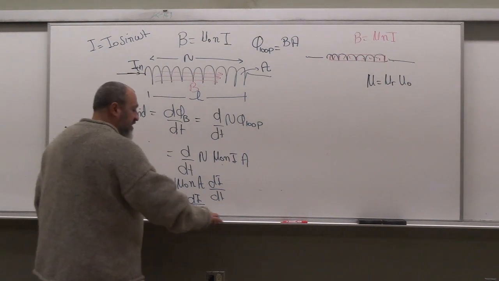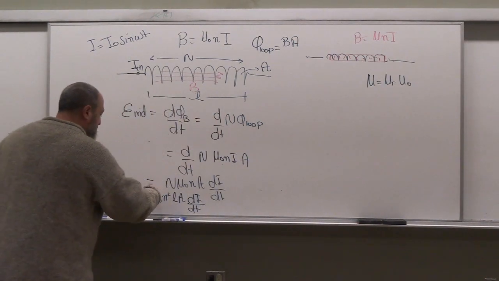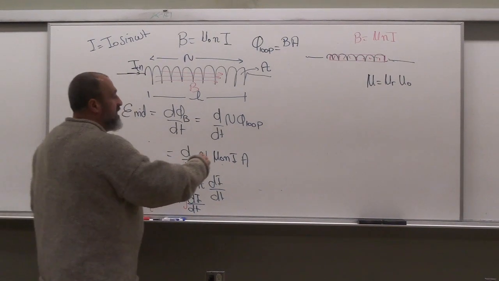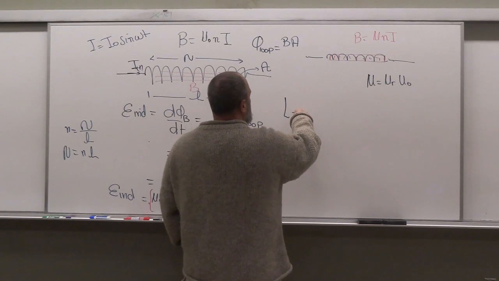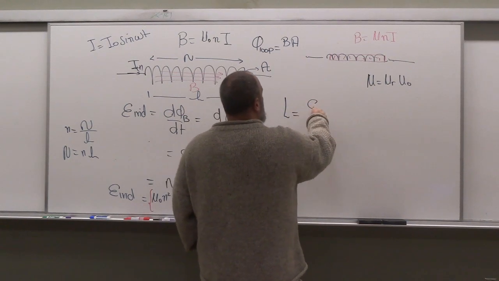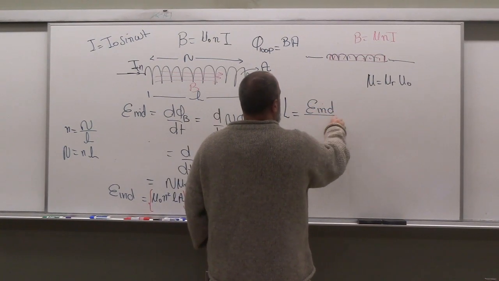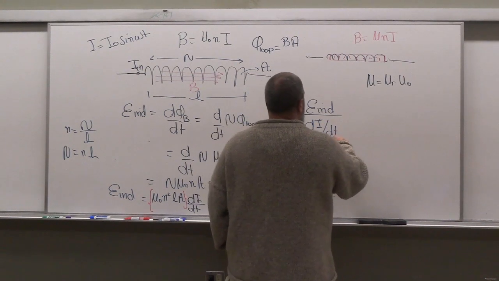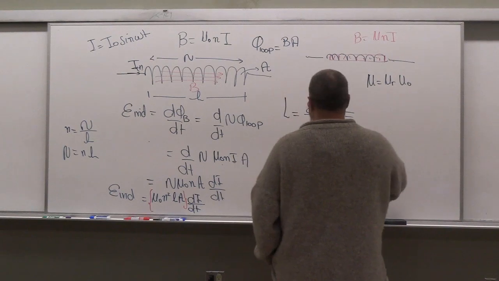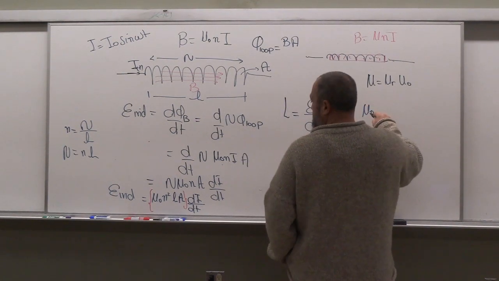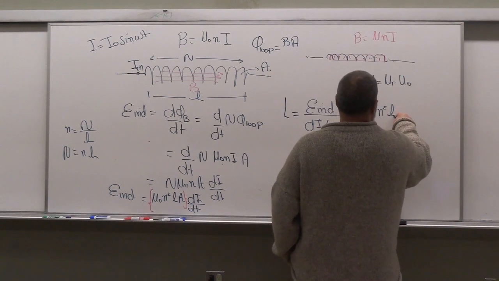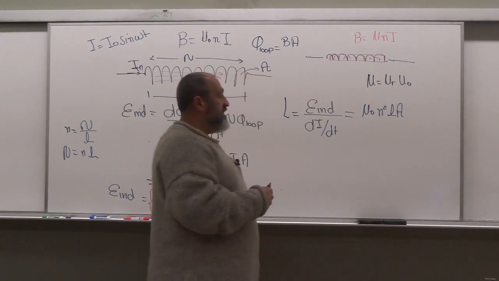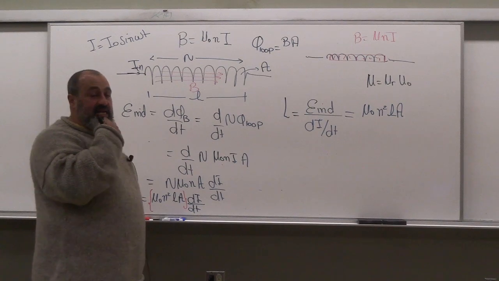So what I'd like to focus on is the following. We can say that the self-inductance of the object, L, is equal to epsilon induced in the object divided by the rate of change of current in the object. In this case, the self-inductance is equal to mu naught n squared L A, and that's your self-inductance for an ideal solenoid.